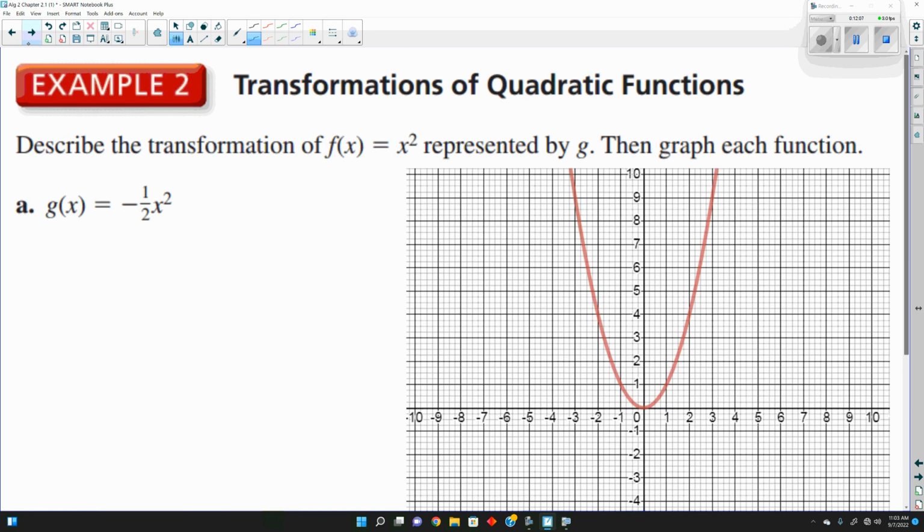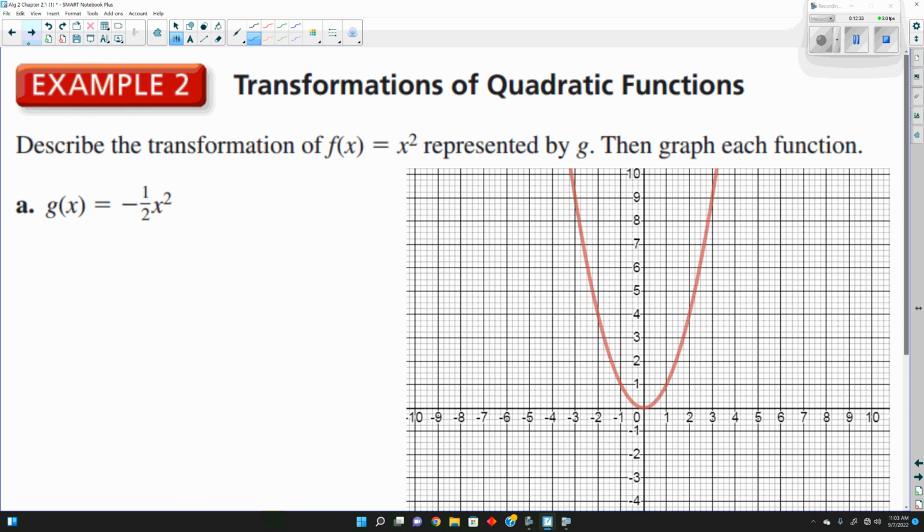Now let's actually start looking at some of these here, because I feel more of the time that we look at the examples, they start making a little more sense. Now we have two things going on here. We have the negative and we have the 1/2. Is it inside parentheses? No. Which means the negative is not going to be a reflection across the y-axis.